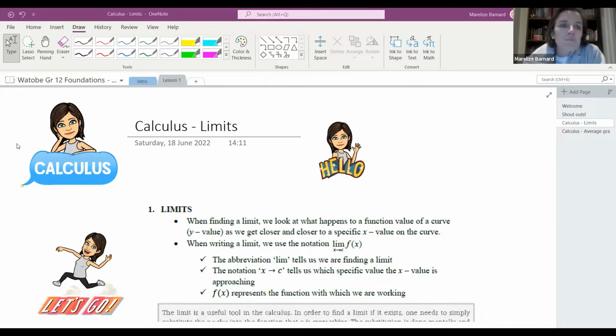Okay, so we've got 4 lessons in this course on calculus. So we are really just going to focus on the beginning part of calculus, which is the first principles, gradient and average gradient, and how to differentiate. So we won't get to really drawing cubic graphs or doing calculus applications, word problems and stuff like that.